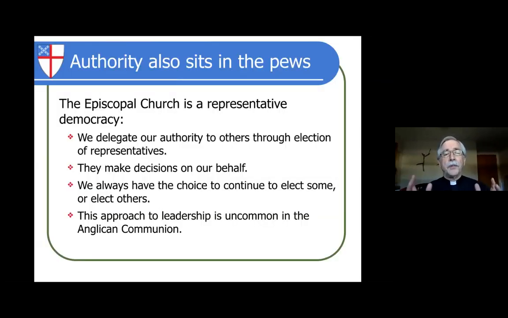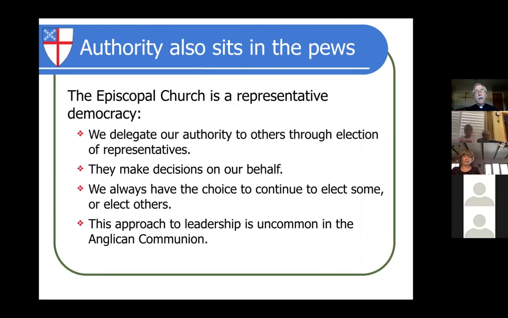So authority also sits in the pews, right? So the Episcopal Church is a representative democracy. It's another expression of our roots arising out of the American Revolution. We delegate our authority to others through election of representatives. We see that at the parish level in terms of creating a vestry and nominating our representatives to diocesan convention.